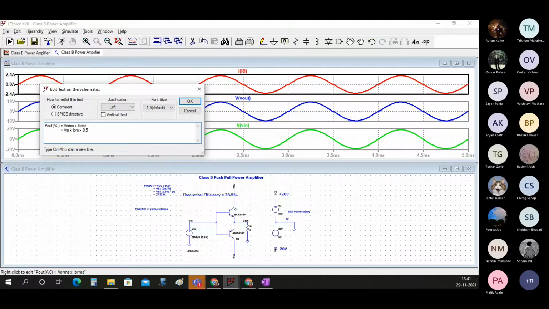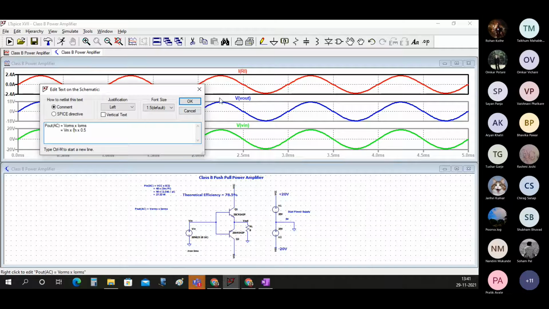So I'll write Vm by root 2 and Im by root 2. Root 2 times root 2 becomes 2, and 1 by 2 becomes 0.5. So I'm just multiplying that by 0.5.